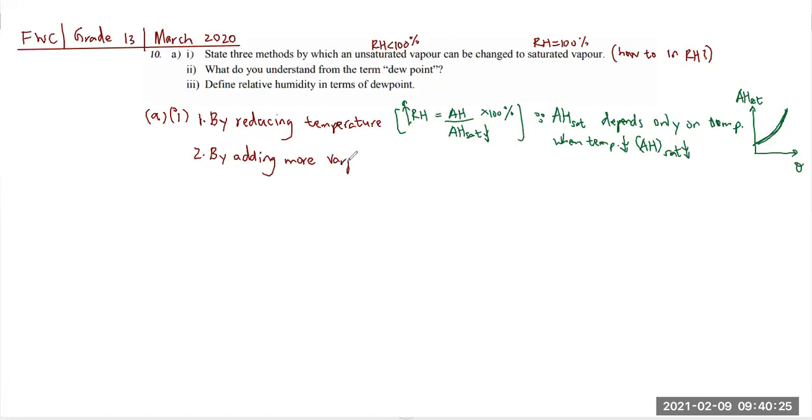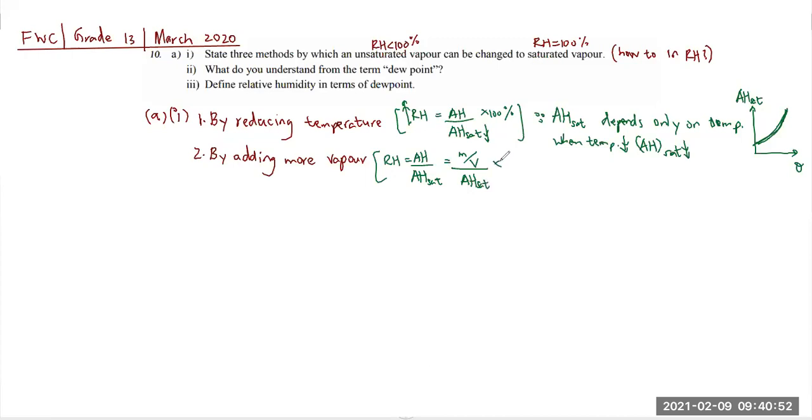By adding more water vapor without changing the temperature or volume. All right. So what happens there? Now we know RH is equal to absolute humidity divided by absolute humidity of saturated vapor. Absolute humidity is mass over volume, isn't it? Mass over volume over absolute humidity of saturated vapor.